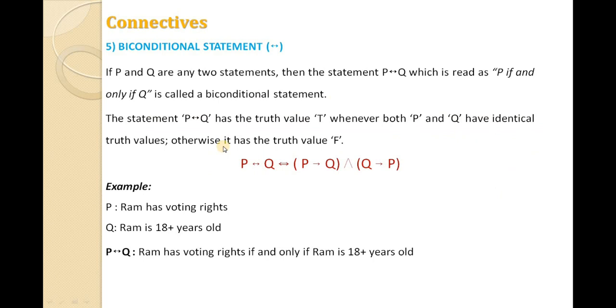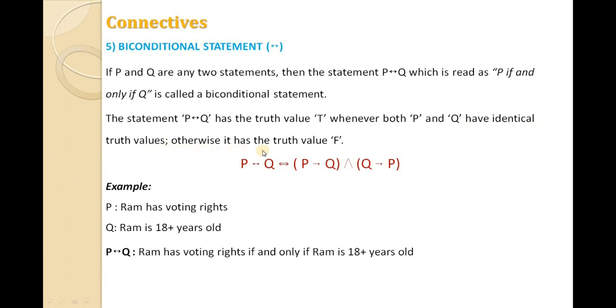Let's move to the next connective, that is the biconditional statement, denoted by this double arrow. If P and Q are any two statements, then the statement P double implies Q, which is read as P if and only if Q, is called a biconditional statement. What is the definition? The statement P double implies Q has the truth value T whenever both P and Q have identical truth values.